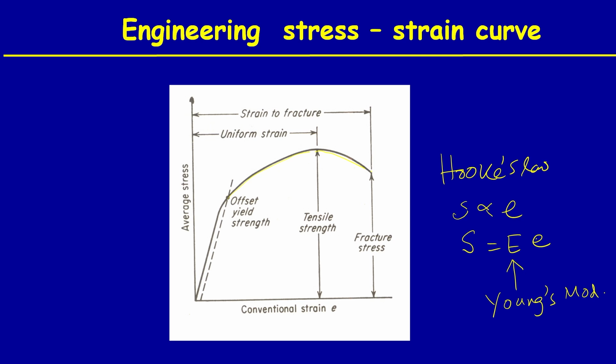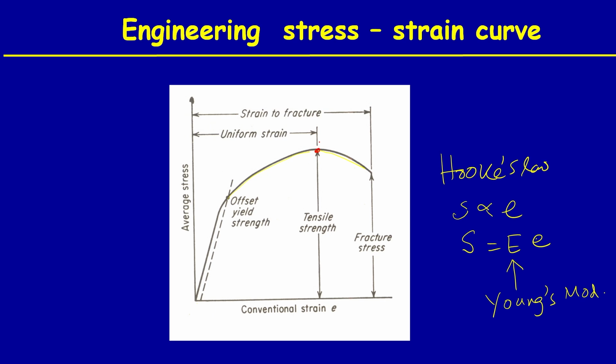So, between initial and this maximum stress, you have a uniform strain, and above which you can have a non-uniform strain. Why? Because something happens at the highest value of the stress, at this point, which we will discuss very soon. Something very peculiar happens beyond this point.